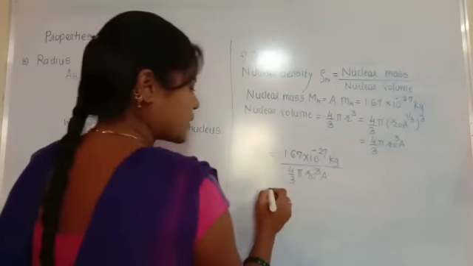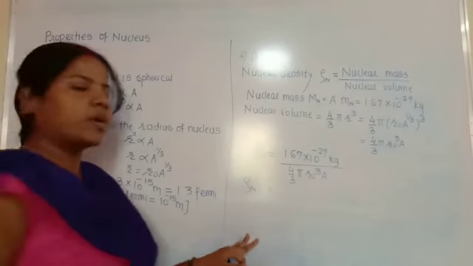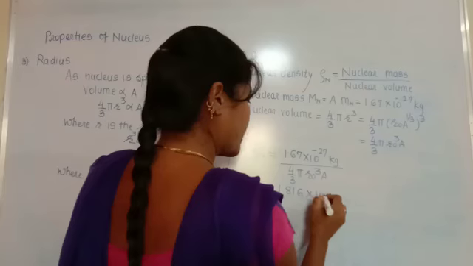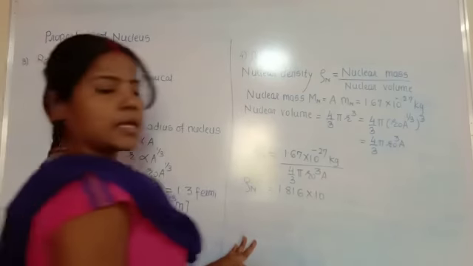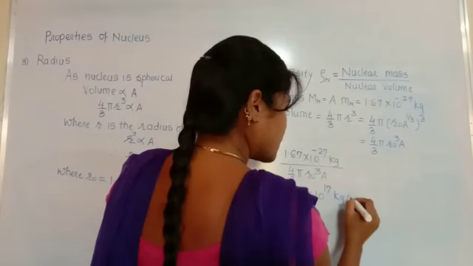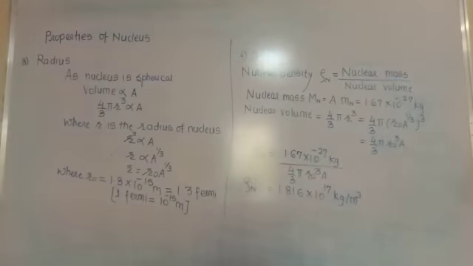After calculation we get the new value, that is rho n is equal to 1.816 into 10 to the power 17 kg per meter cube. So this is the nuclear density rho n.